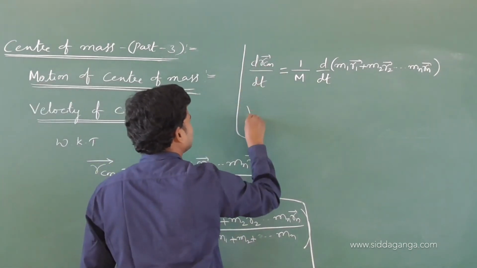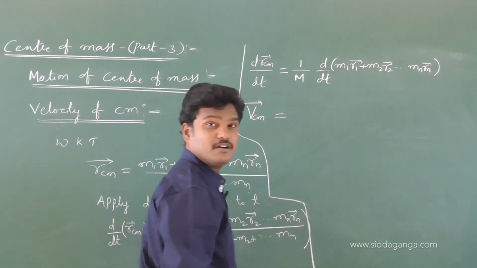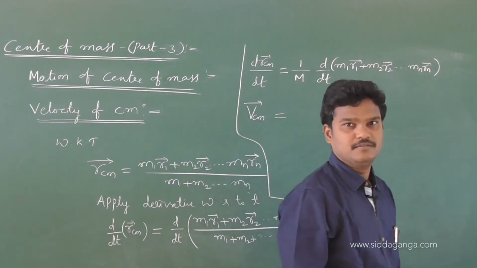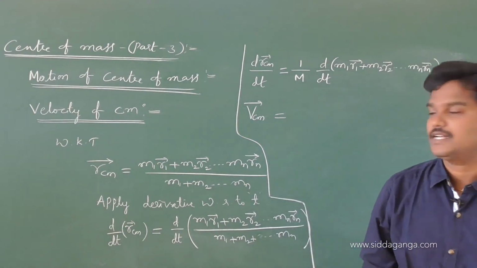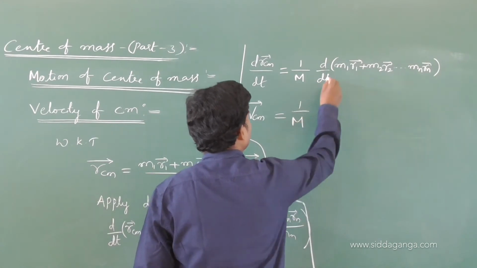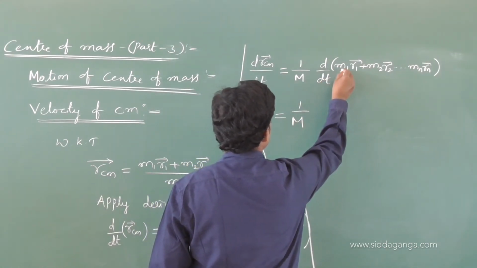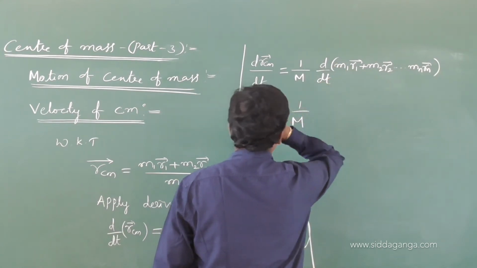So this can be replaced with VCm bar, nothing but what? Velocity of center of mass of system of n particles. So VCm bar equals 1 by M, and apply this derivative for each term. Anyhow mass is constant, so write it outside.